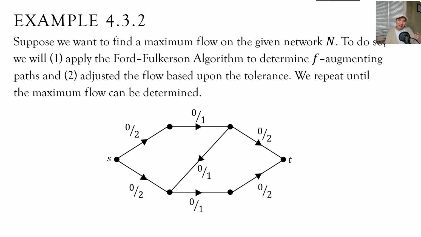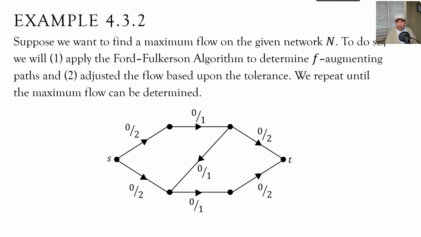After I identify an F-augmenting path, based on that excess capacity or the tolerance, I'm going to increase my flow along that path. And I'm going to keep doing that repeatedly until I know I have a maximum flow. Again, I know I have a maximum flow once I can no longer reach T, in my algorithm at least.